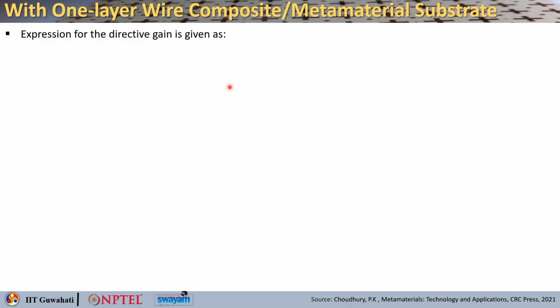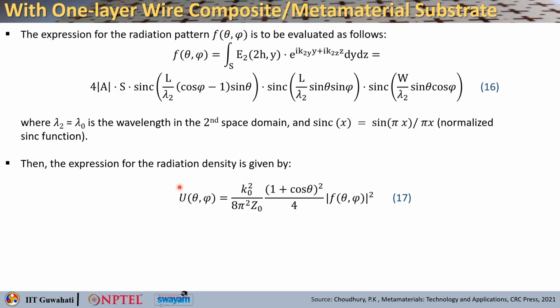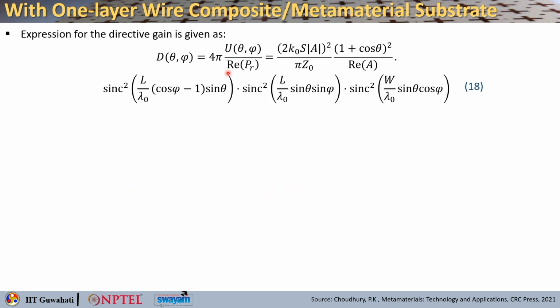From that you can obtain the expression for the directive gain D theta phi. That will take this radiation density into account. So, you have 4 pi u theta phi divided by real of P r.